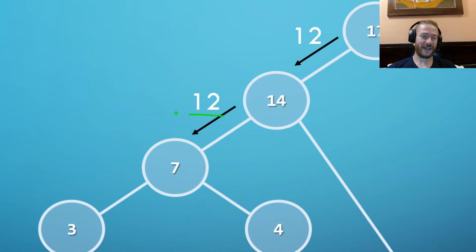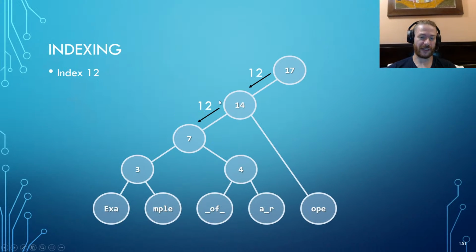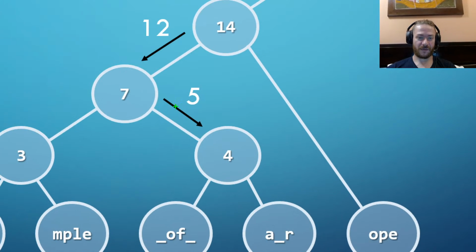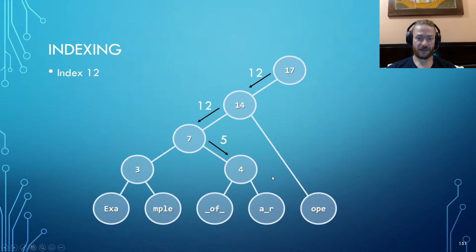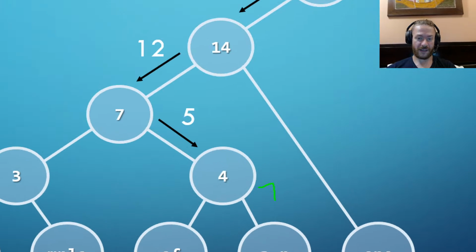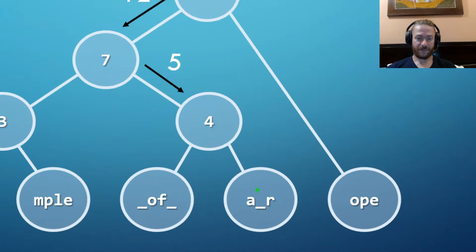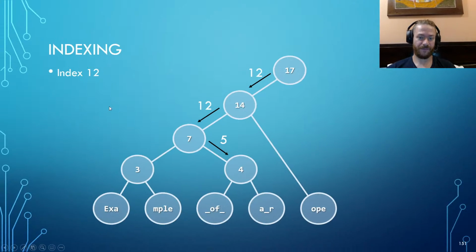What we need to do is subtract 7 from 12 and go to the right. So we now search for 5. Then again 5, we need to subtract 4, and then we go to the right, and when we find the 1, this will be the first index in this smaller string, which is our 12th.